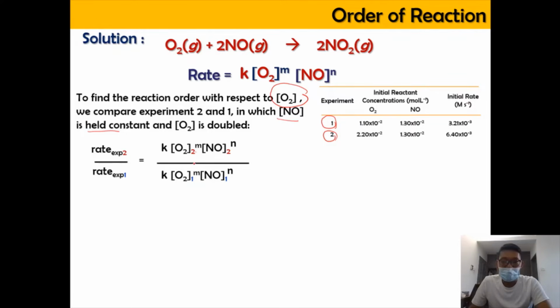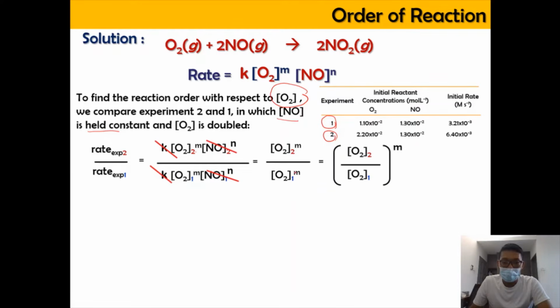And as you can see here, they are similar terms, because k and k can be cancelled out, and the concentration of NO can also be cancelled out, because it's 1.3 times 10 to the power of negative 2. Same goes here, so you can cancel out that one and also this one. So what's left is the concentration of the oxygen, where this term will also refer to this thing. So we can directly relate the rate equal to this thing.